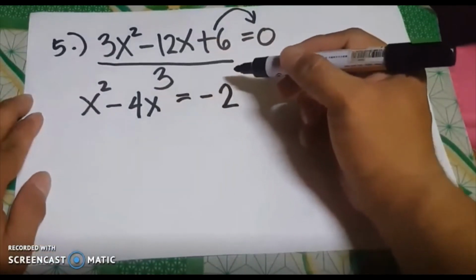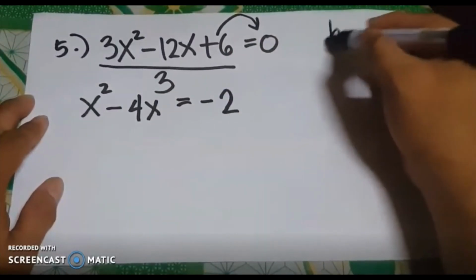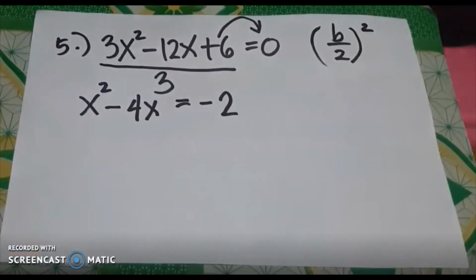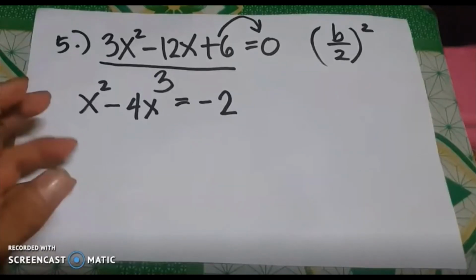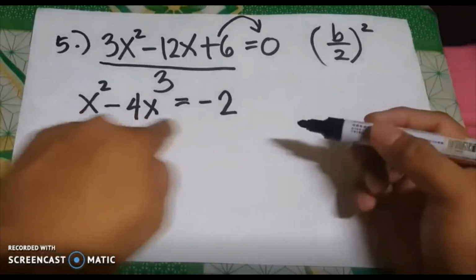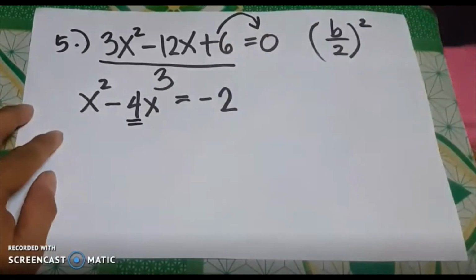Then, from there, we are now going to use b over 2 quantity squared. So, mas madali if we're going to make use of the value of b of the equation in simplified form. So, that is this equation. So the value of b there is 4.